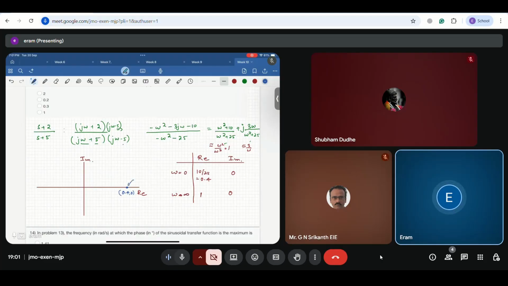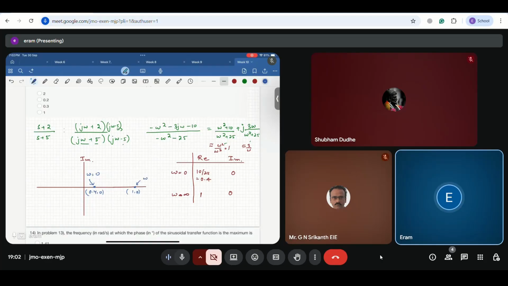At ω tending to infinity, we have real part 1, so this is 1 comma 0.